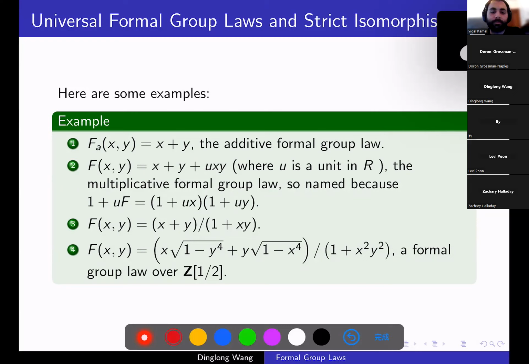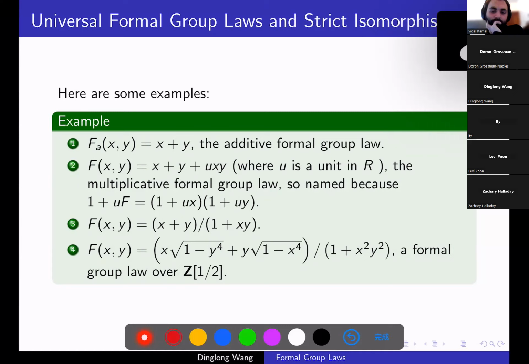The third one, I don't have a name for, but it's also a formal group law: (x plus y) divided by (1 plus xy). The fourth one is a bit messy. This is due to Euler, and it's connected to an addition formula for an integral of a certain type. So this is also a formal group law, the fourth one.